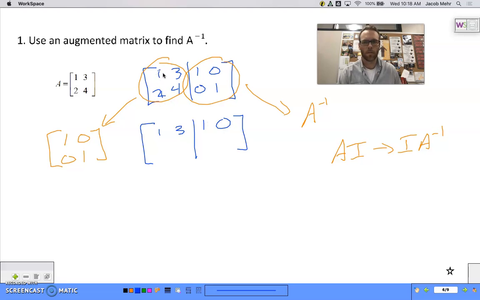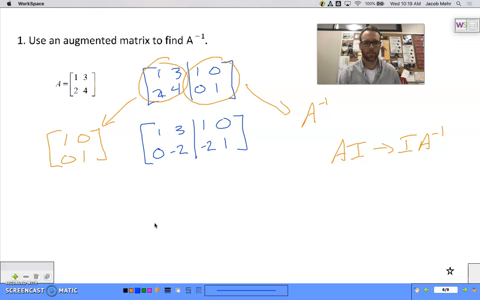So -2 times 1 plus 2 is 0. -2 times 3 is -6, plus 4 is -2. I have to still do it on the right. -2 times 1 plus 0 is -2. -2 times 0 plus 1 is 1.